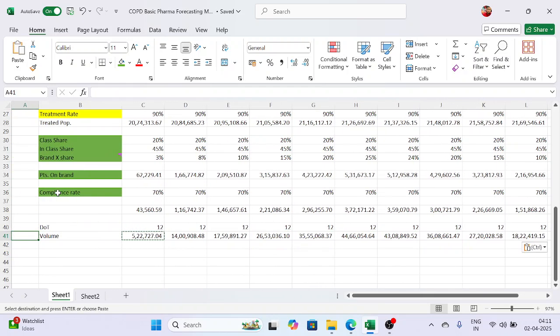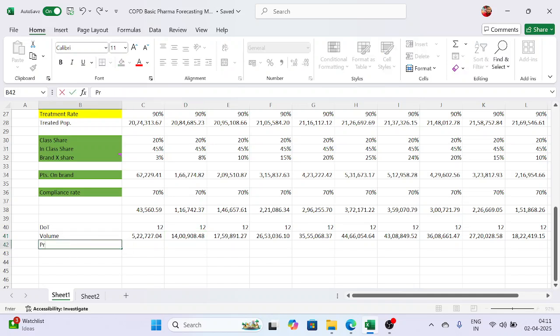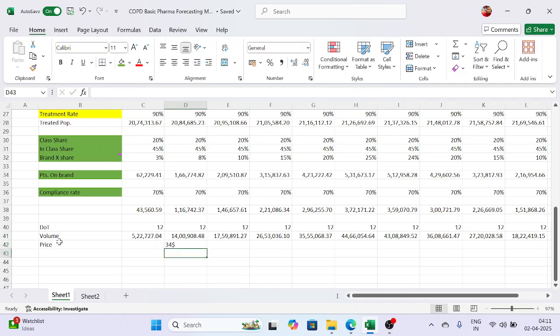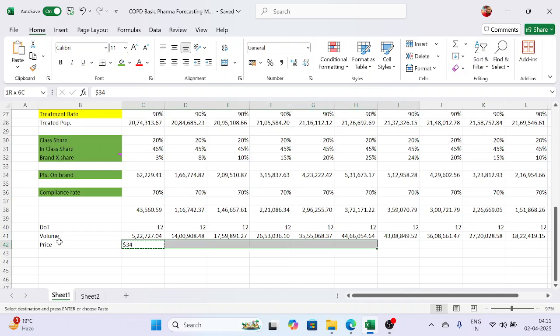Then after this you will have the price cut. Before that there are different cuts, but we are doing a simple calculation. Let's say $34.